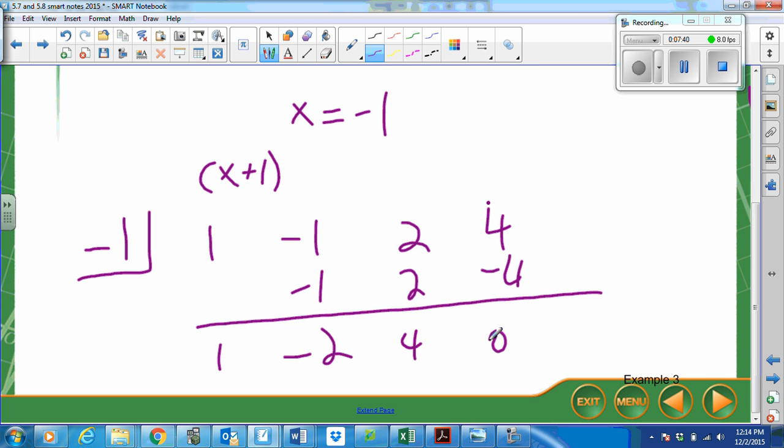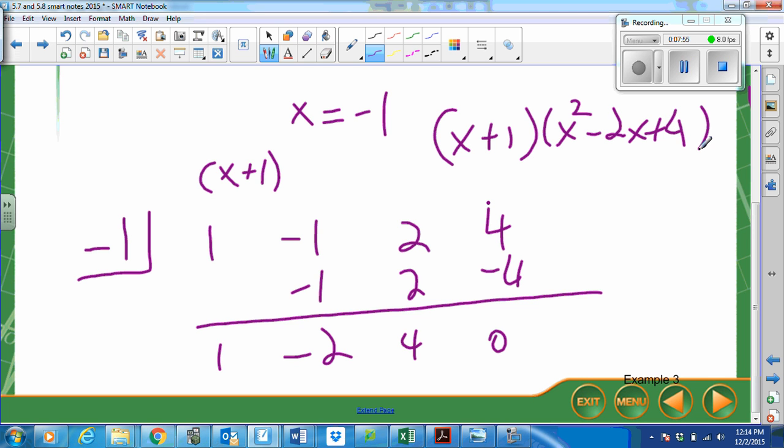And we should have gotten a remainder of 0 because negative 1 is a root of this. So when I write this, it's going to be x plus 1 times x squared minus 2x plus 4. And that's what this function equals. So this is where we can say, okay, we know that x equals negative 1 is one of our roots. But we have 2 more roots here in this quadratic.